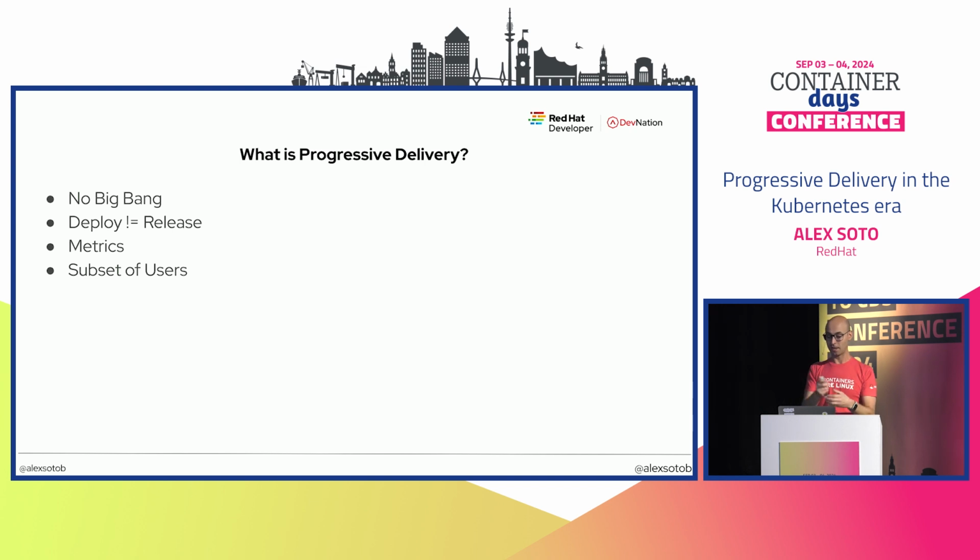And as I said, one of the most important things of progressive delivery is that you are not doing a big bang. You are just sending traffic to a subset of users. And this subset of users can be randomly chosen, or maybe geolocation users. So you say, okay, let's start the delivery in this part of the world.